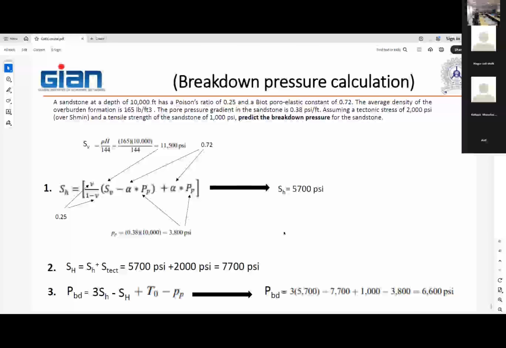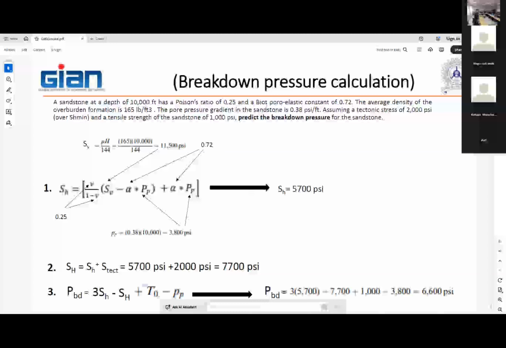Okay. Now you are ready to calculate what? Your breakdown pressure. So P breakdown equals 3 SH min minus SH max plus tensile strength minus pore pressure. So 3 times 5,700 minus 7,700 plus 1,000 minus 3,800.